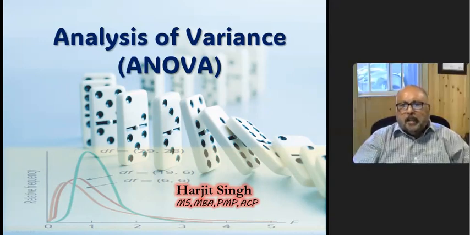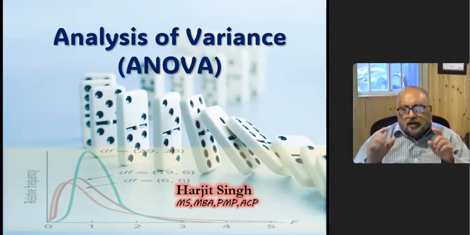Fisher introduced the F distribution in his work on analysis of variance called ANOVA, a method for testing the hypothesis that the means of multiple groups are equal by comparing their variances.